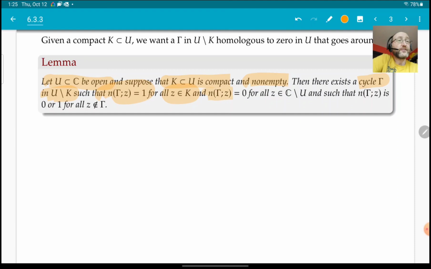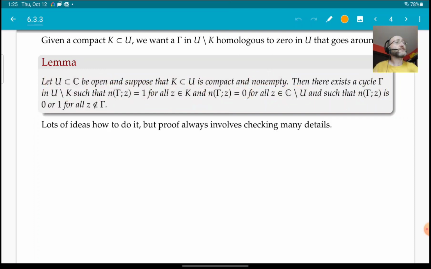And it doesn't go around any point in the complement of U, so it's homologous to 0 in U. And actually, we're going to set it up so that it doesn't go around anything more than once, or in the opposite direction, or anything like that. The winding number for every point not in gamma is either 0 or 1.